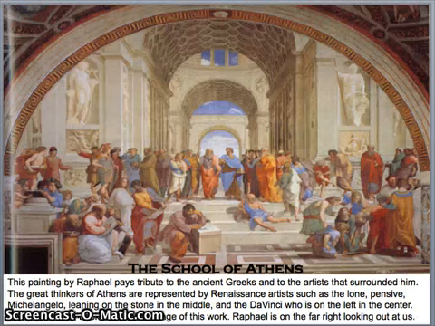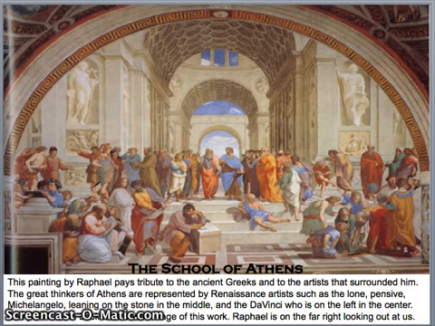So here's a very important painting by Raphael. You need to know this painting and what's great about it. It's called the School of Athens. Okay, remember that, School of Athens, Raphael. Make a note of it. It pays tribute to the ancient Greeks and to the artists that surrounded him.